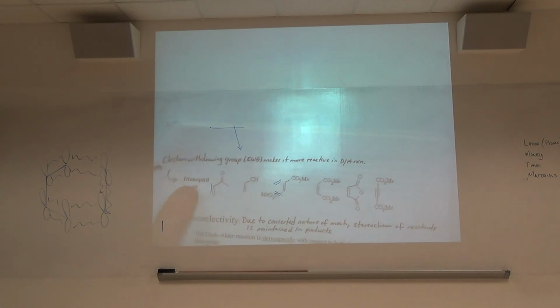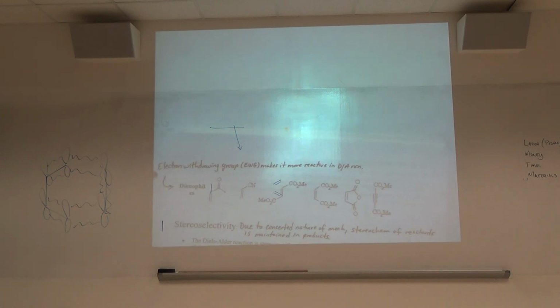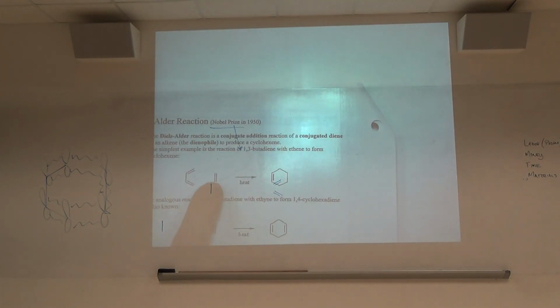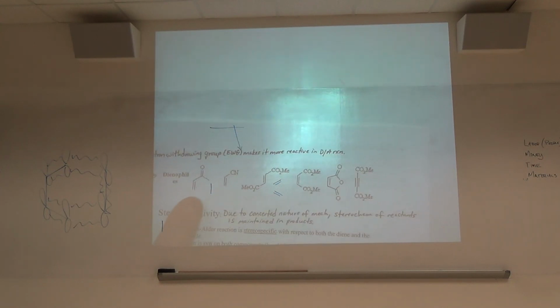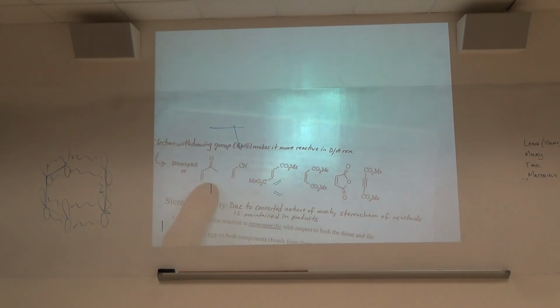Now with your dienophiles, on the previous page we just showed a simple alkene. But typically, the dienophile alkene has an electron withdrawing group bonded to it.